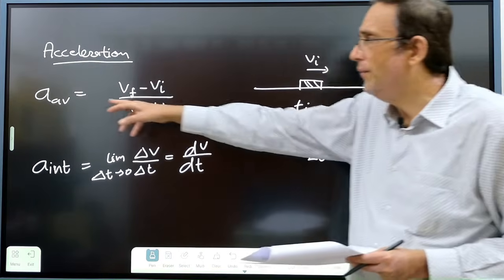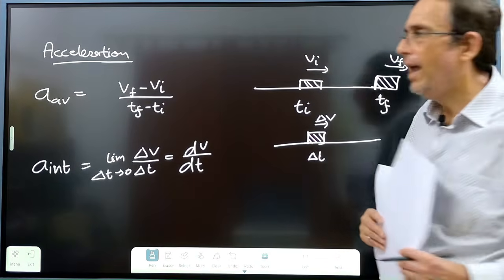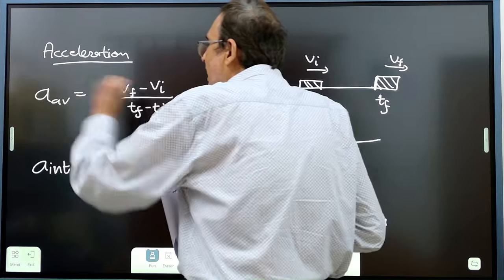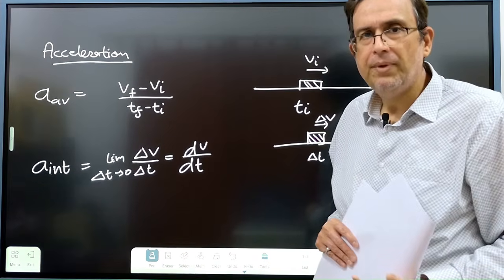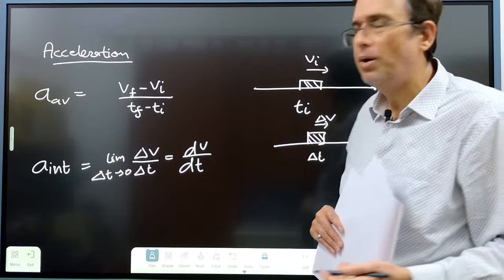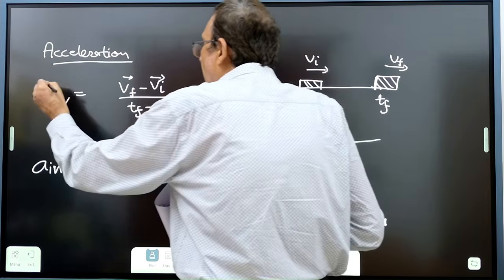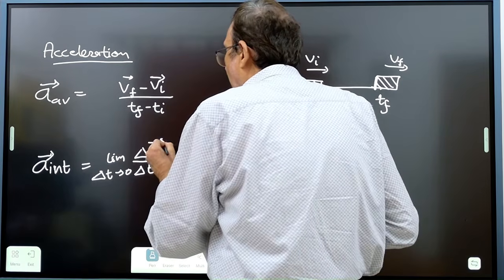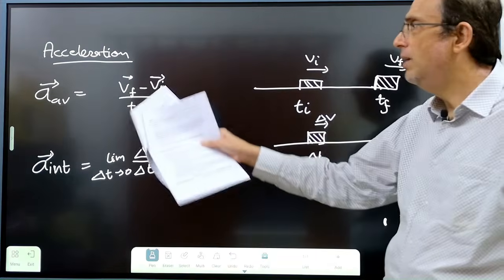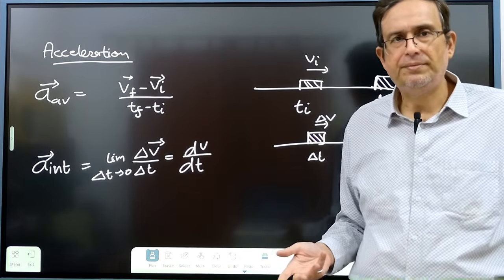So there are two different quantities, A average and A instantaneous, and both of them are vector quantities, because velocity is a vector quantity, so acceleration also becomes a vector quantity. So these two quantities are vector quantities and they have a direction.